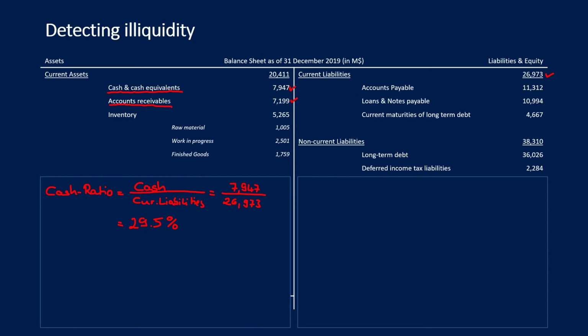And that's why we define the quick ratio. So the liquidity that we have quickly as cash plus accounts receivables, and divide this by current liabilities.